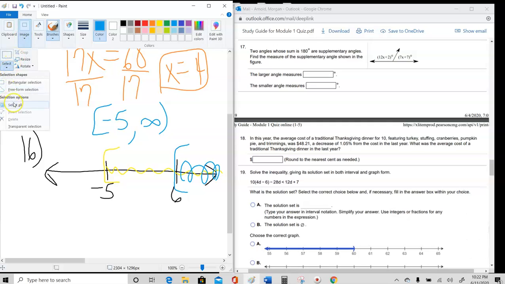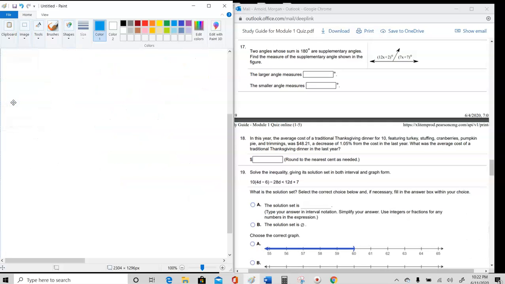Question 17 is a geometry problem. Two angles whose sum is 180 degrees are supplementary angles. Find the measure of the supplementary angles shown in the figure.